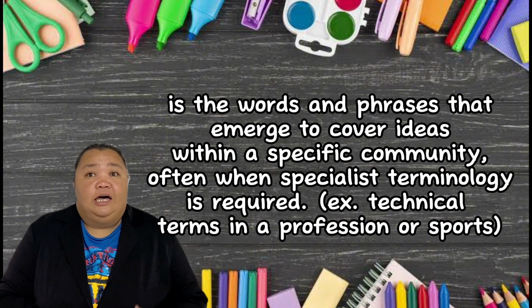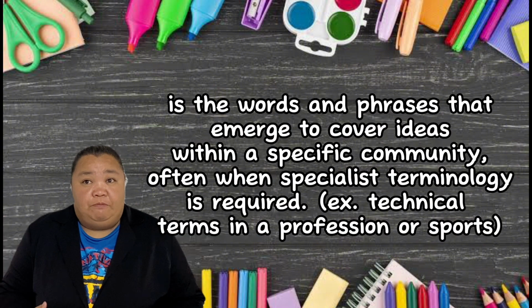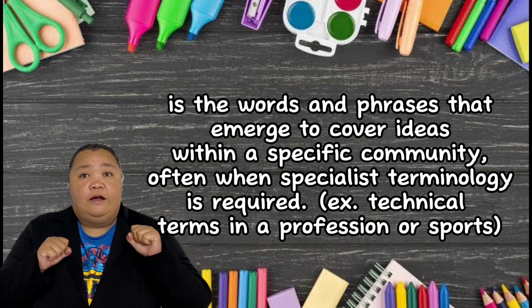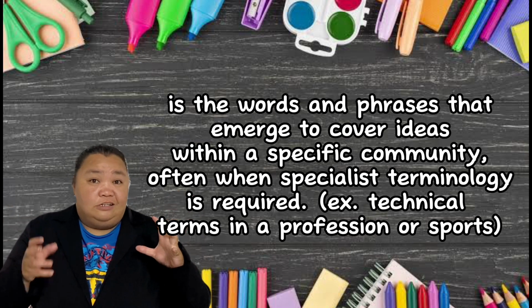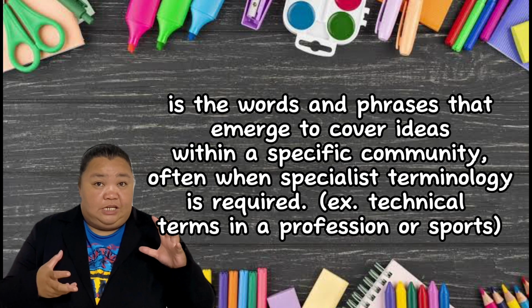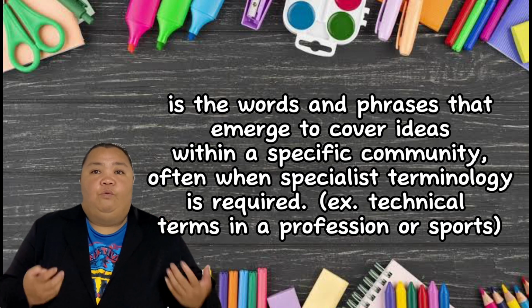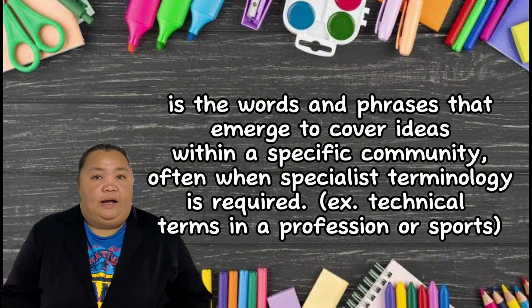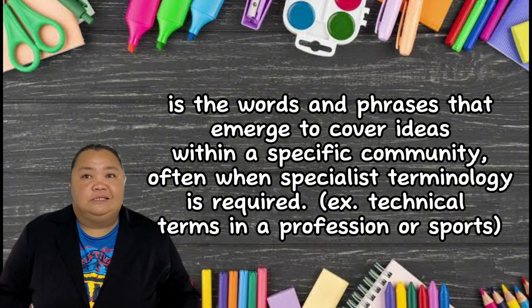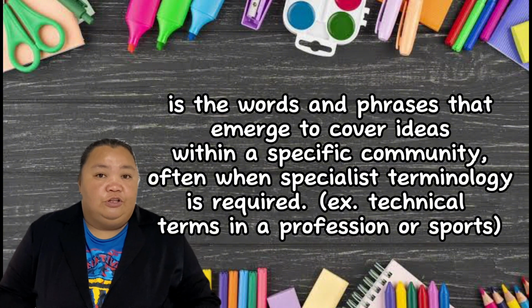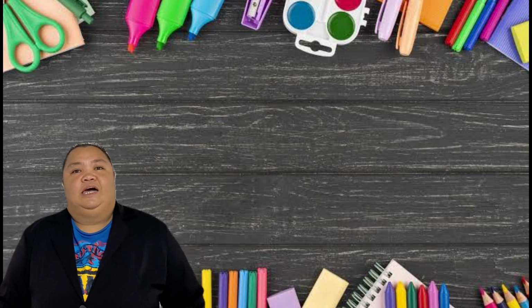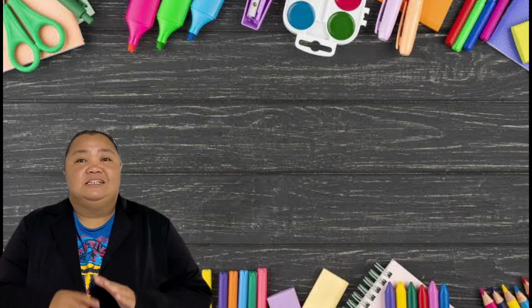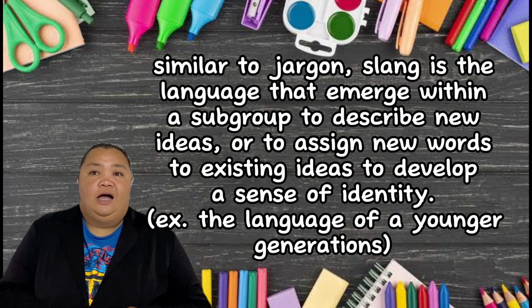So we also have jargon. Jargon is the words and phrases that emerge to cover ideas within a specific community, often when specialist terminology is required, for example technical terms in a profession or sports. We also have slang. Slang is similar to jargon.